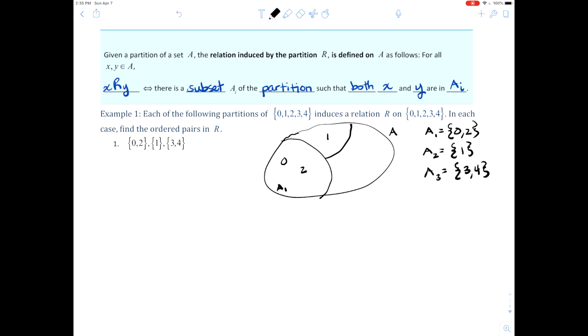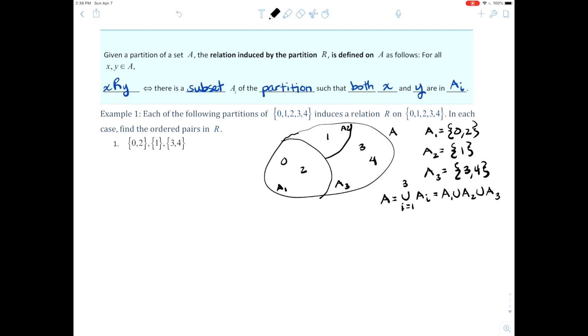And this one we called A3, and A3 has 3 and 4 in there. So here we go. Notice that A itself is equal to, remember this notation, the union from i equals 1 to 3 of A_i, but that just equals A1 union A2 union A3. Cool.